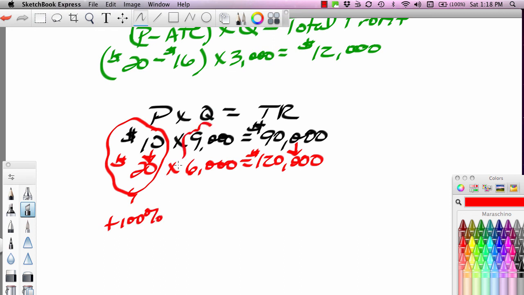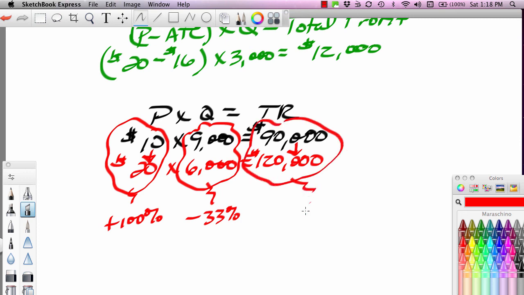If you look at this change, this is a 33% decrease in quantity. And this is actually a 33% increase in revenue. So what happened here? The firms jacked up their price, doubled their price, but their sales were not cut in half. It only dropped 33%. Their revenues increased.